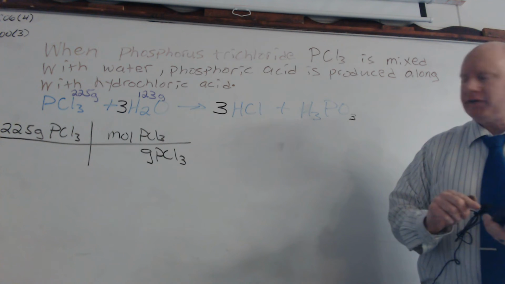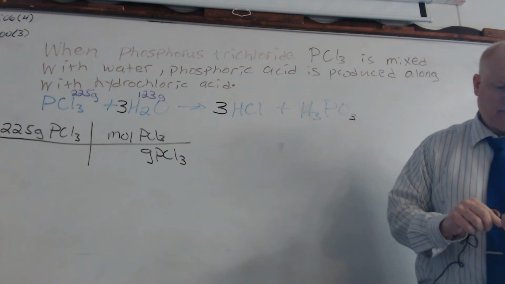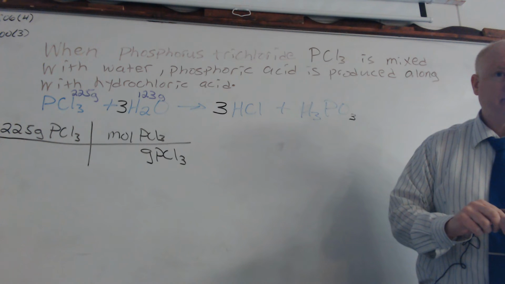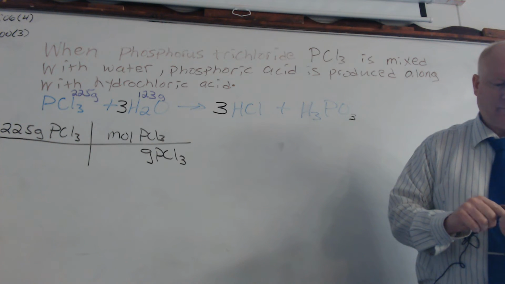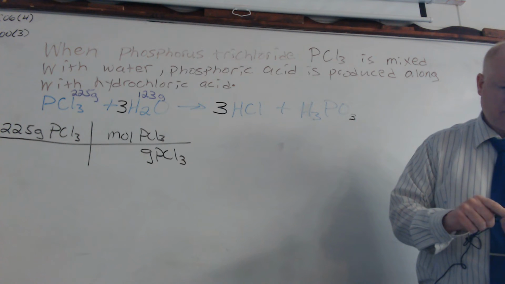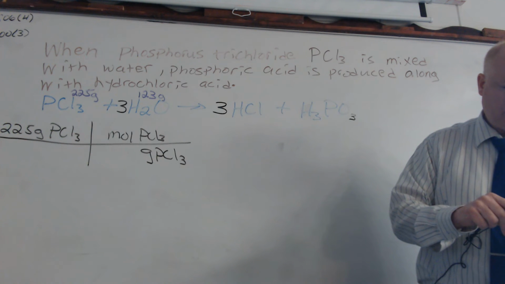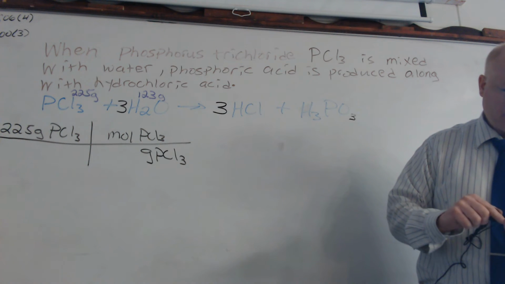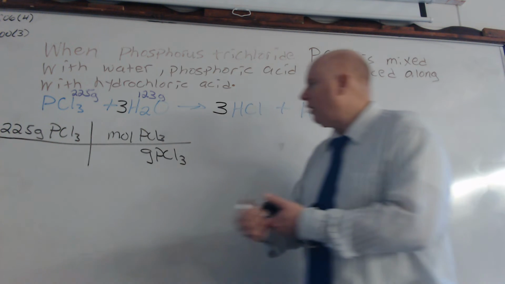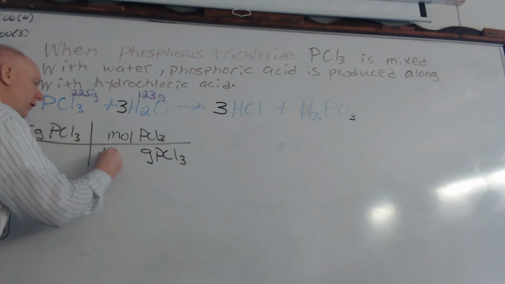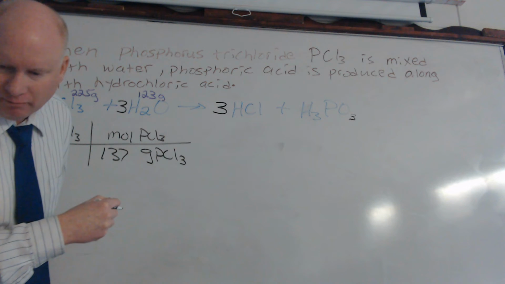And then phosphorus is 30.991, so 31. We get about 137. So 137, and we can say 0.35.